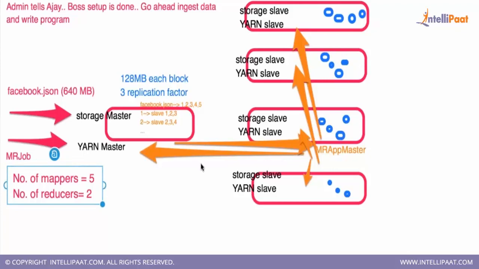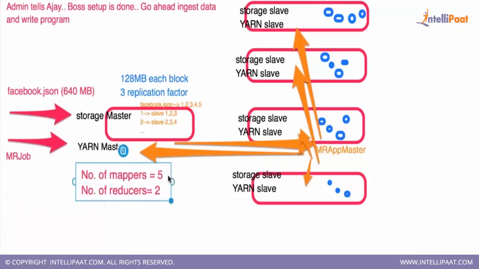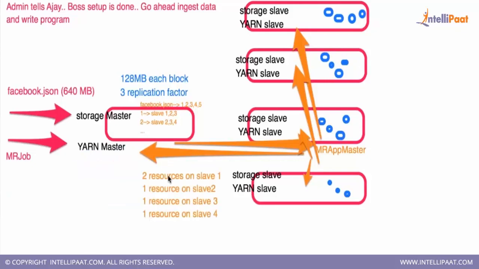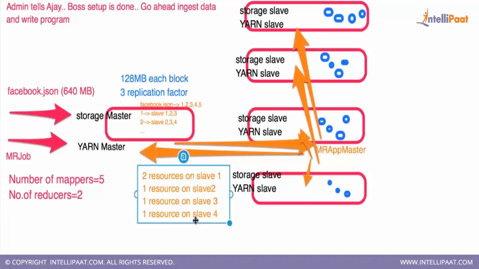When I submit this job, AppMaster starts the job. So number of mappers is 5 and number of reducers is 2. The AppMaster tells the yarn master that, listen, I will first start with the map phase, so please give me 5 resources.